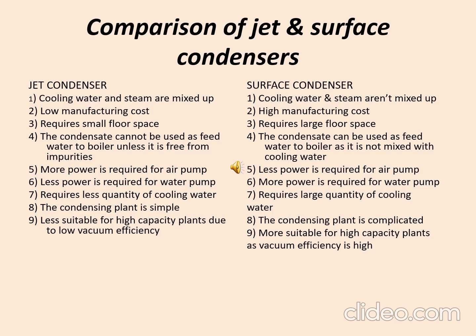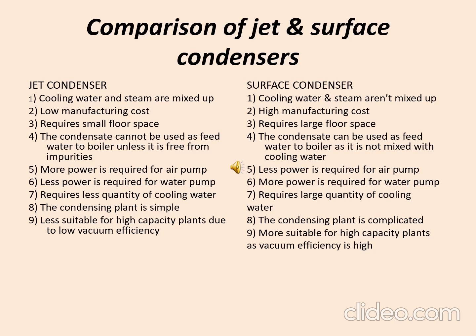In jet type it requires less quantity of cooling water, but in surface condenser a large quantity of cooling water is required. Why is a large quantity required? Because it only contacts the surface, and in jet type it is mixed with each other. Okay. So for that, for surface condenser more water is required.